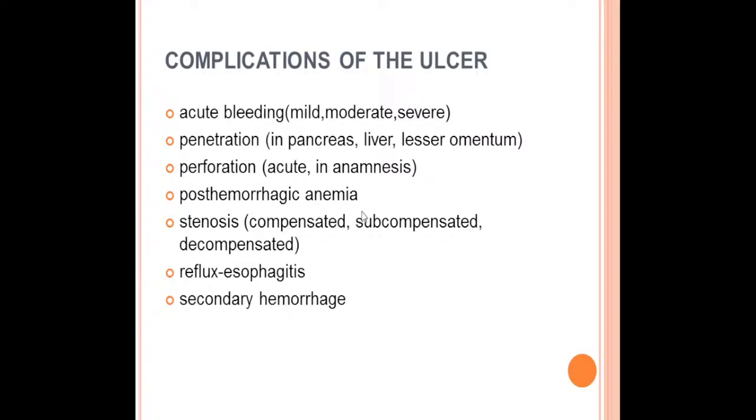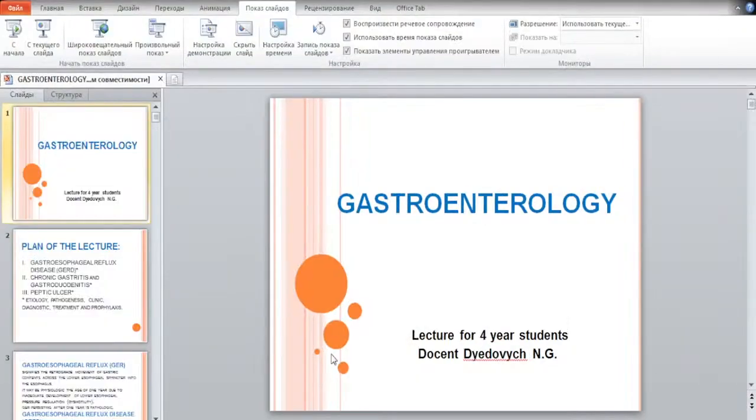And complications of the ulcer. Next, complications of the ulcer: acute bleeding, mild, moderate, or severe, penetration into the pancreas, liver, lesser omentum, perforation, acute in anamnesis, post-hemorrhagic anemia, maybe development of stenosis, compensated, subcompensated, or decompensated stenosis, different pyloric or cardiac sphincter, or reflux esophagitis development, and maybe secondary hemorrhage in complications of the ulcer.